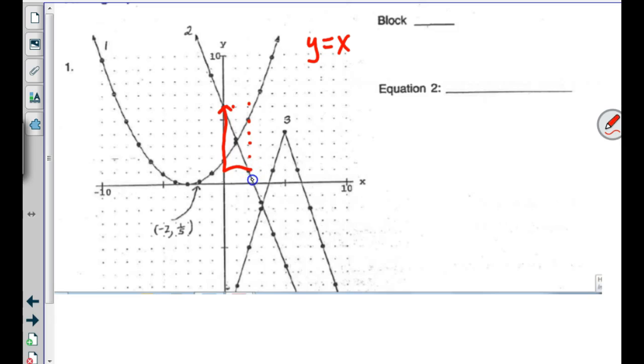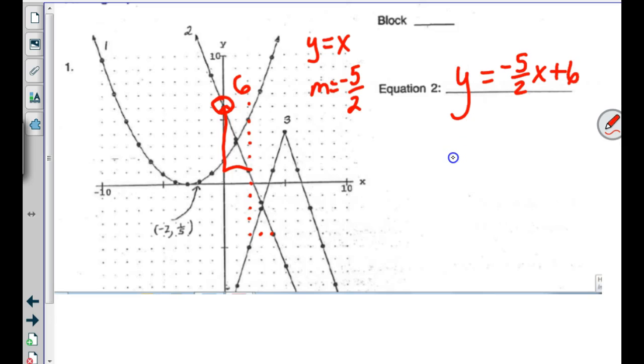Do it again and make sure it works. Yes? Down 5 and right 2? Okay. And what else do we need to write the equation? The y-intercept, which is looking like 6. So what do you want to write for an equation? Okay. You could write f of x equals, I'm not going to be picky.